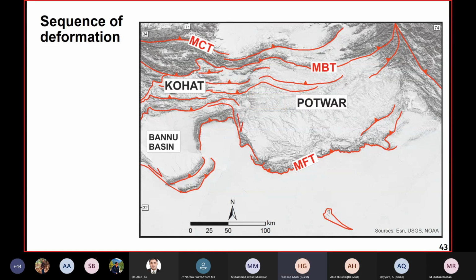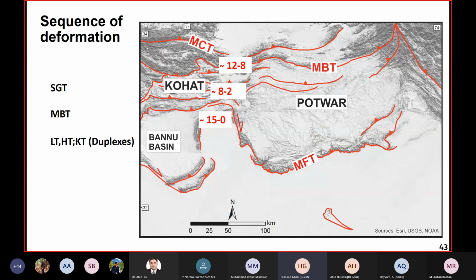And then the sequence of deformation, in my opinion, or what my data shows, is that it started earlier at the Surghar, then it was followed by the main boundary thrust. Then from 8 to 2 million years ago, deformation propagated in the Kohat. And from 4 million years to the present day, the Surghar thrust is active.